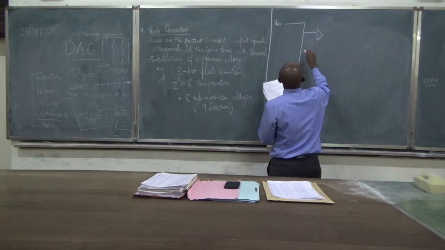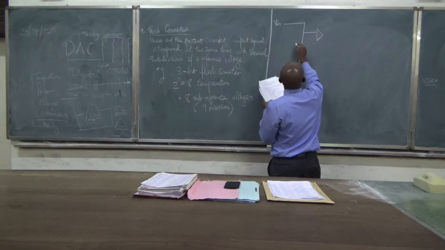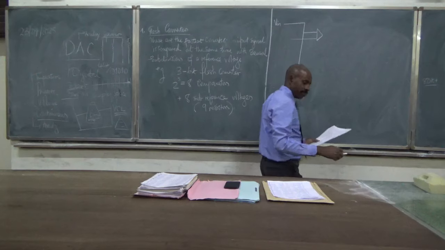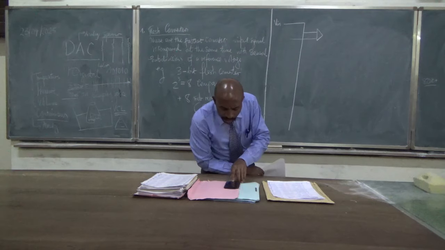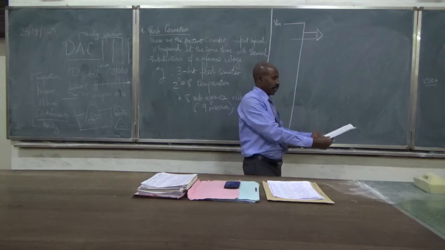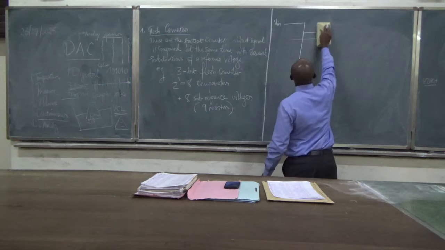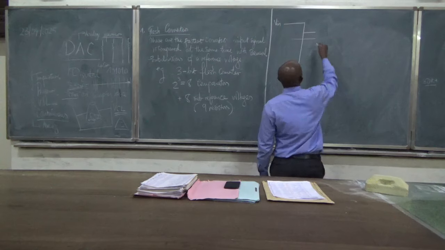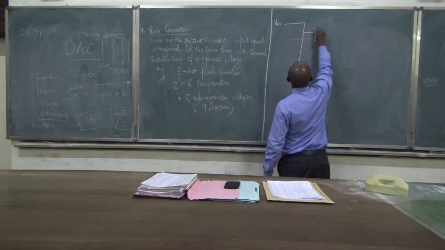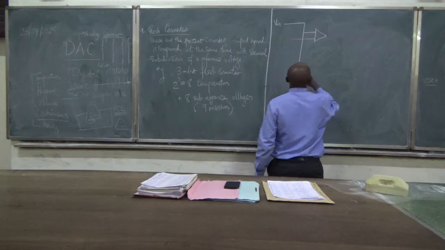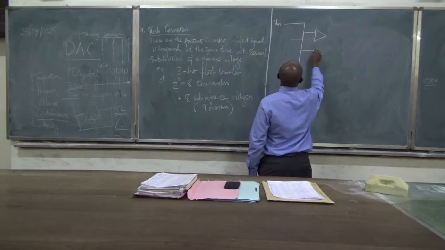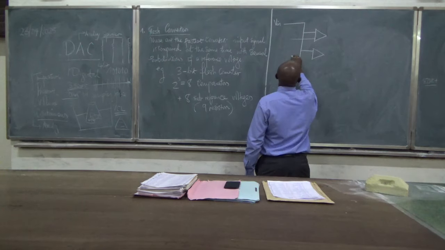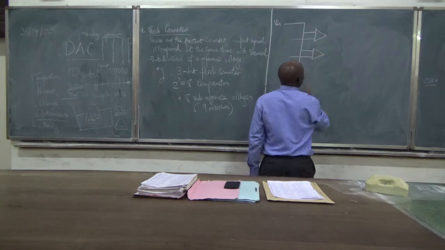And then the other one goes to the next. I want to be sure that I'll be able to have drawn it. These are the operators.